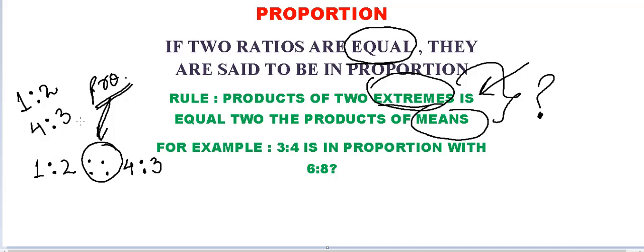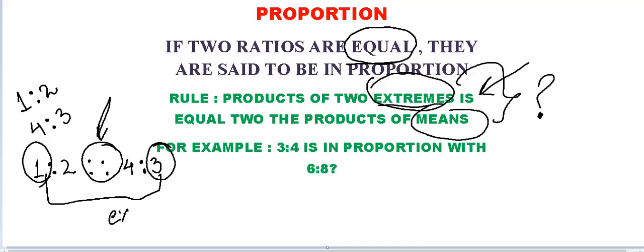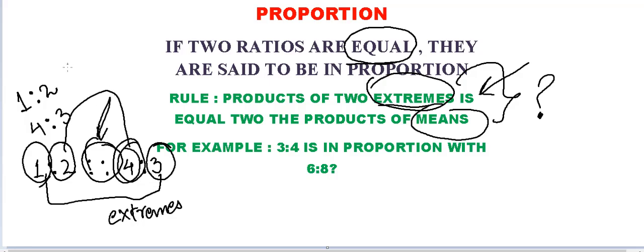Now, what is an extreme and what is a mean? The first and the last terms of these two ratios are known as extremes, and the two which are inside are known as means.